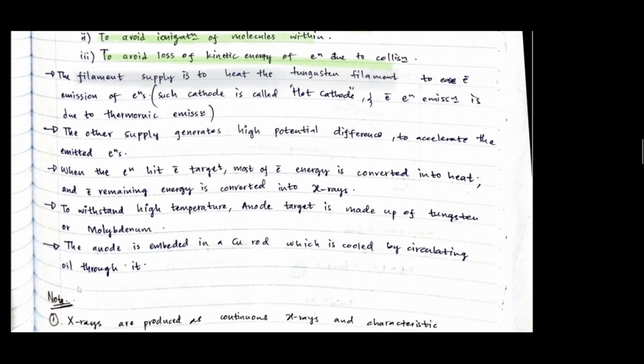The filament supply is used to heat up this tungsten filament to ease the emission of electrons. Such a cathode is called a hot cathode and the electron emission is called thermionic emission. Here the spelling has to be thermionic.